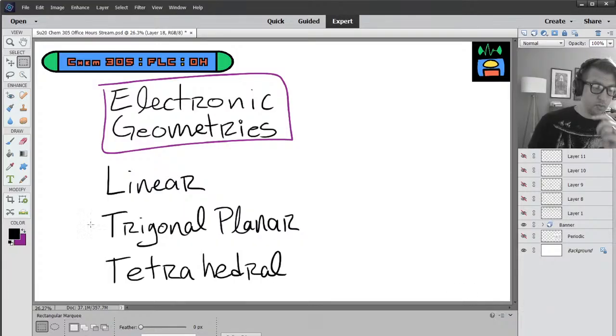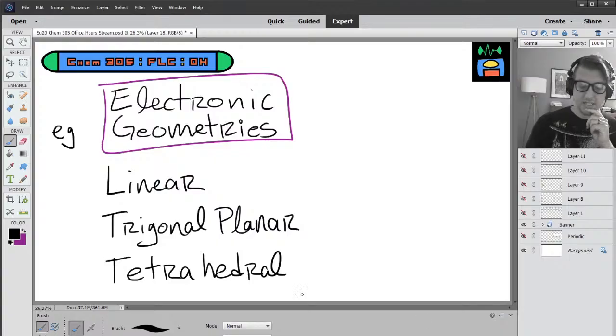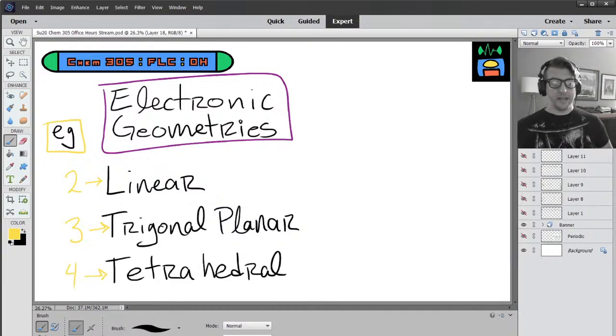So to determine your electronic geometry, you have to identify your electron groups. If you have 2 electron groups, you're going to be linear. If you have 3 electron groups, you're going to be trigonal planar. And if you have 4 electron groups, you're going to be tetrahedral. It's that straightforward.